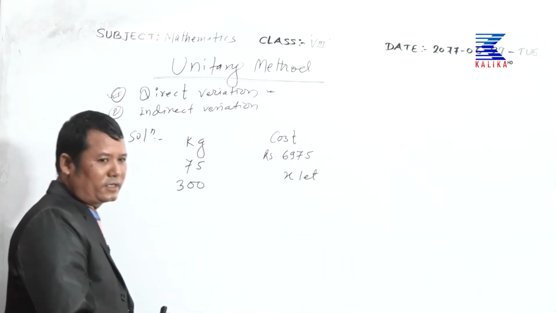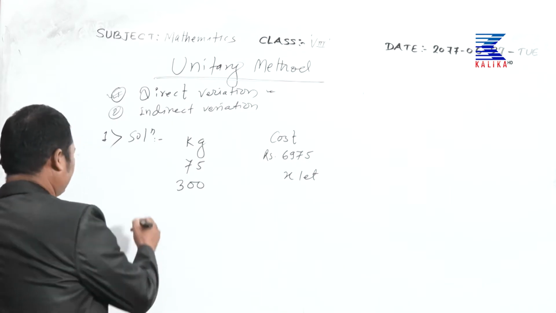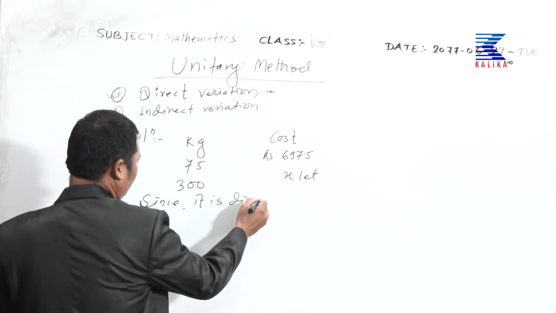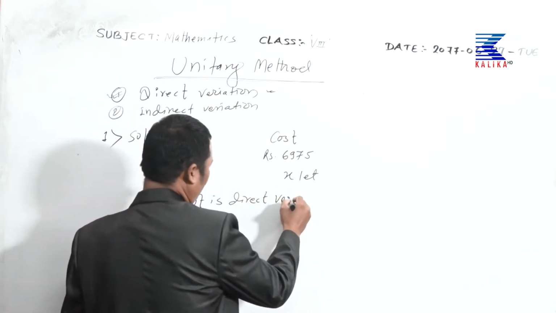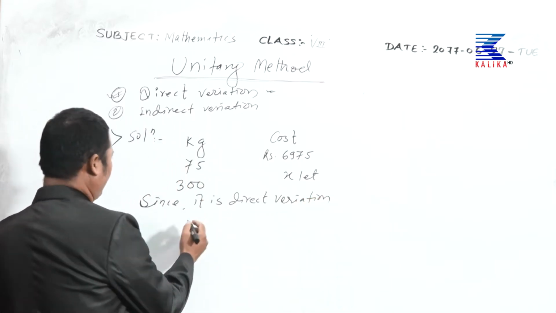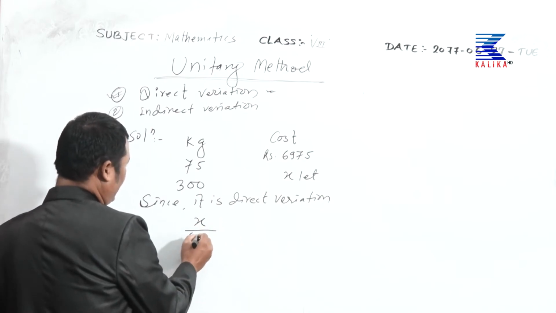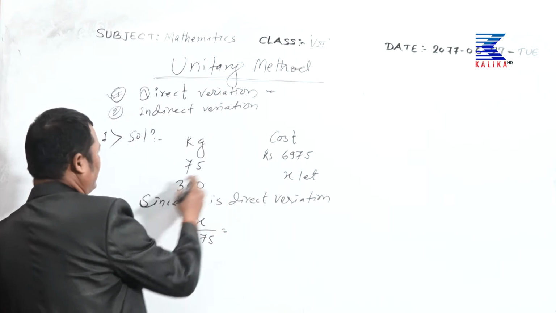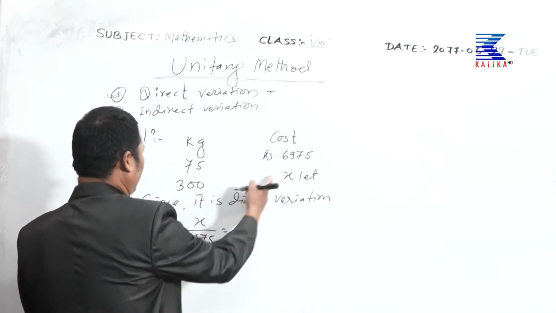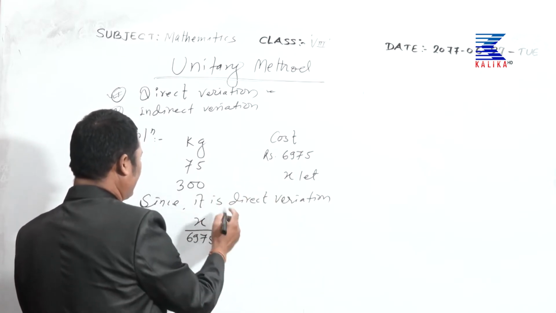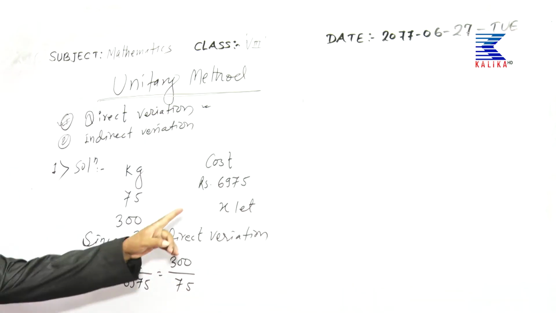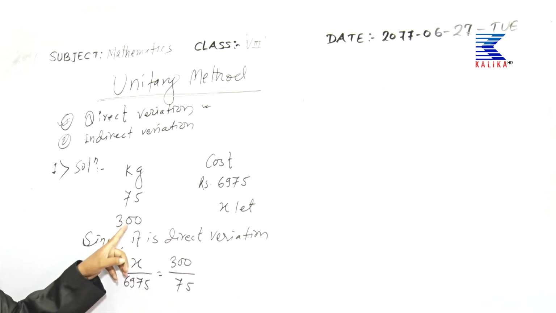Cost is x rupees. Since it is direct variation, x upon 6975 is equal to 300 upon 75. In direct variation, x is numerator and 300 is also numerator.